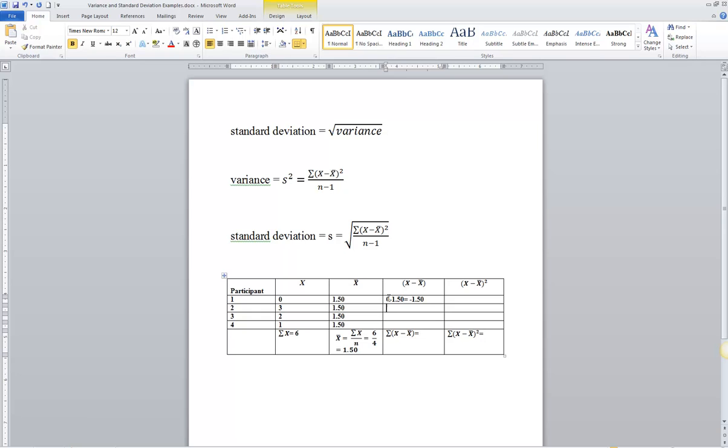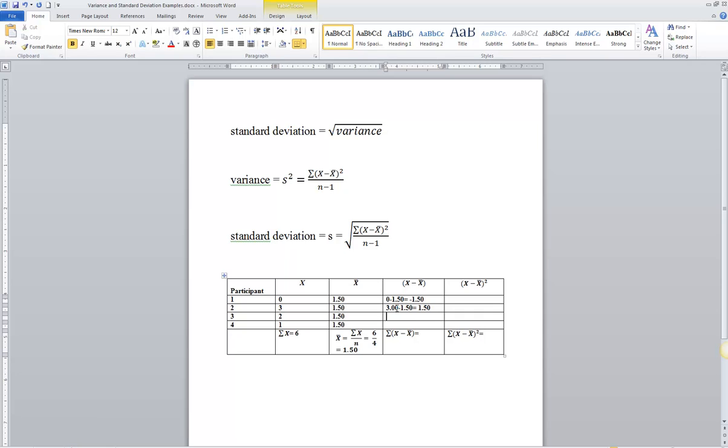Again, each of these scores are called the deviation scores, and they're called that because we're seeing how far our data point deviates from the mean, or how far off it is from the mean. So here our x is 3, and we're going to subtract our mean, and we're going to get a 1.50 again. This time it's positive though.